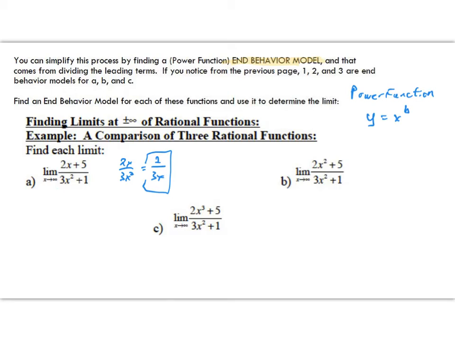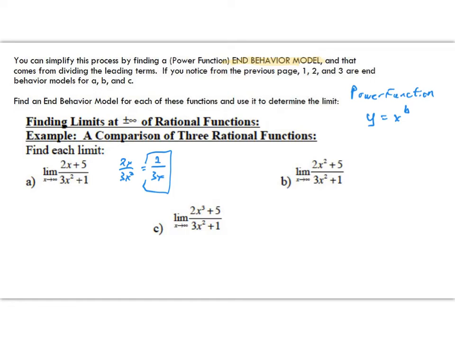So let's do this for the other two real quick, and you can see how it works just as easily here. In the case of question B, they have the same degree, so we know that the end behavior comes from dividing the leading coefficients.